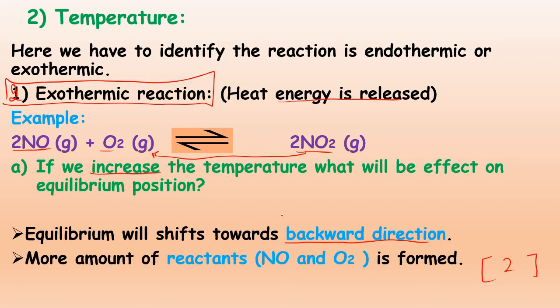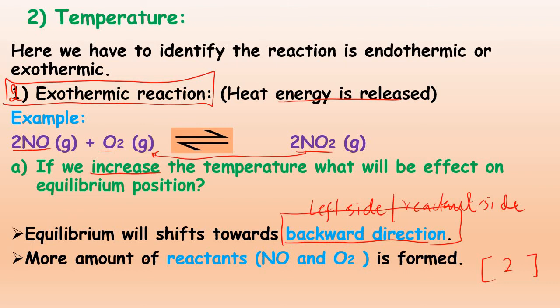That is the reason that you have to write the backward direction, or the left side, or you can say the reactant side. You can write any one of them, right? Reactant side.